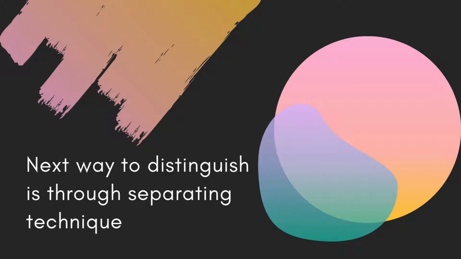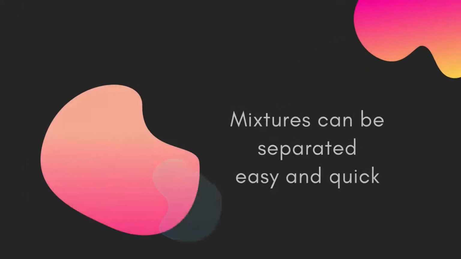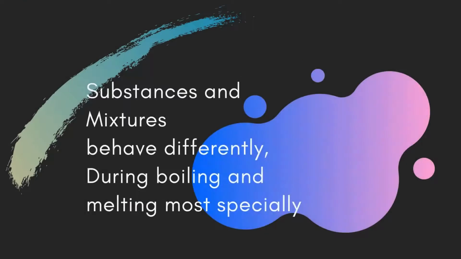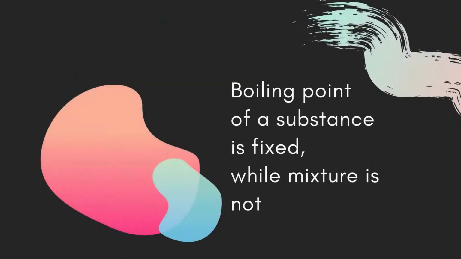Next way to distinguish is through separating technique. Mixtures can be separated easy and quick through evaporation, distillation, and filtration, but not substances due to chemical combination. Substances and mixtures behave differently, during boiling and melting most especially.